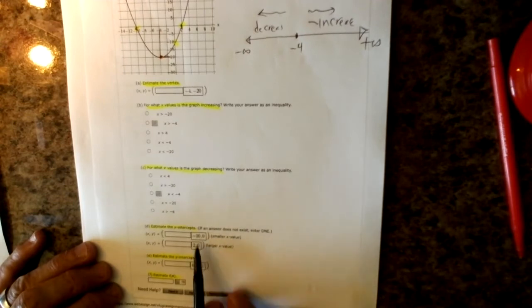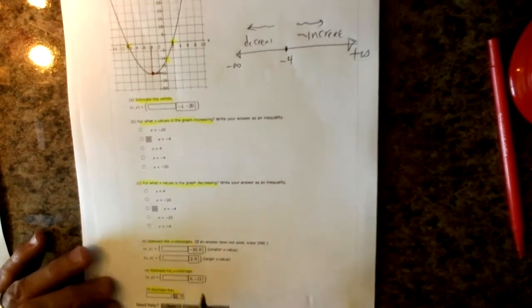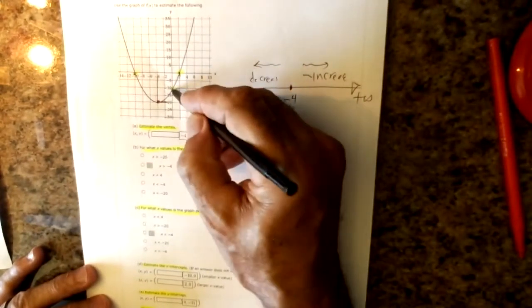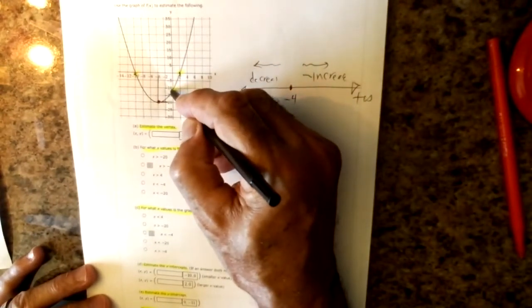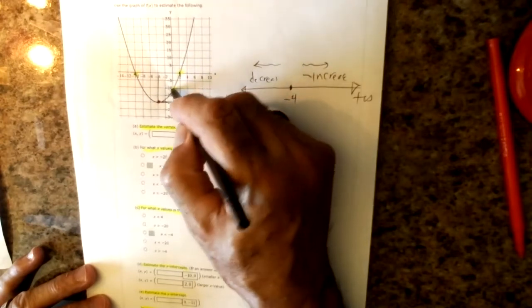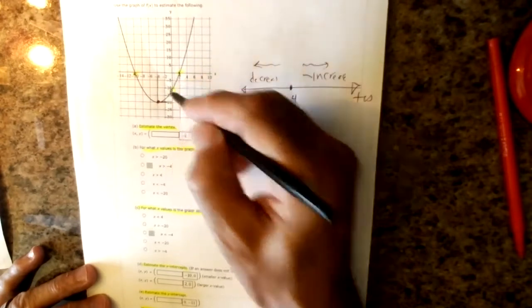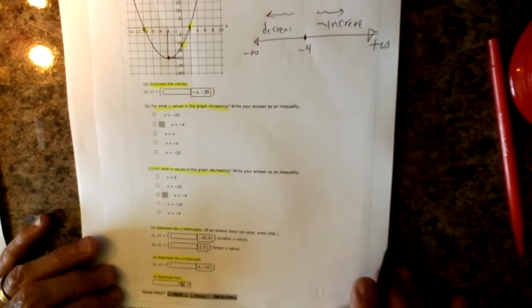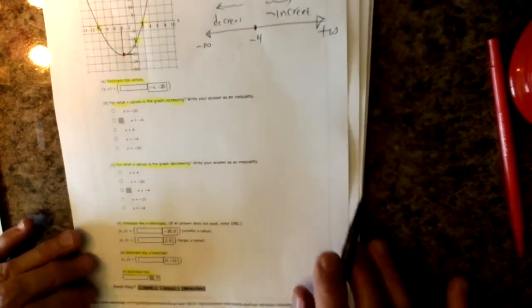See, they don't have any y. What about the y-intercept? The y-intercept is right at this point. Does it have any x? No. X is always 0 because it's on the y-axis. And what is the value of y? -11.